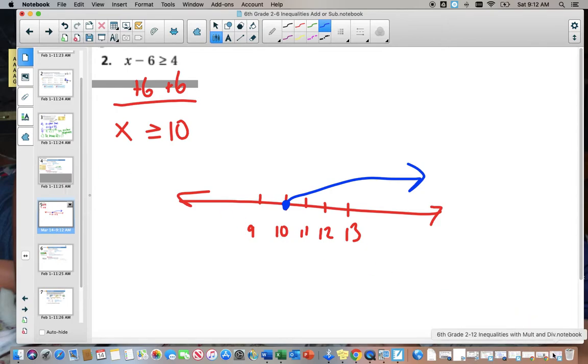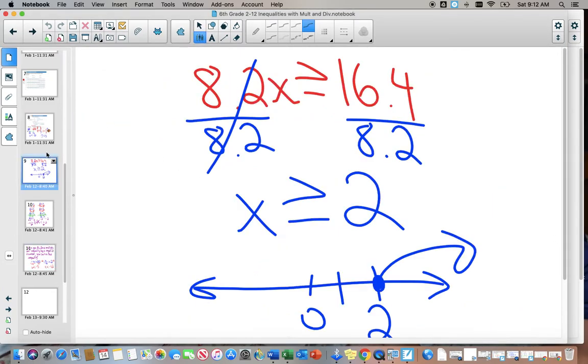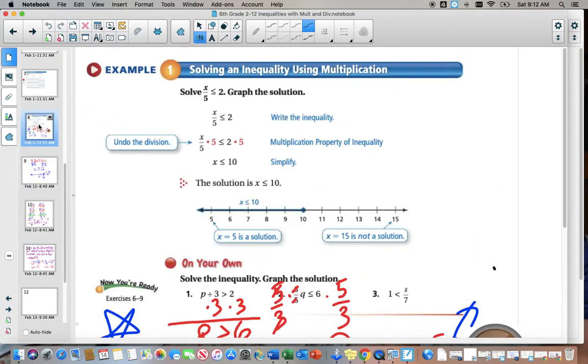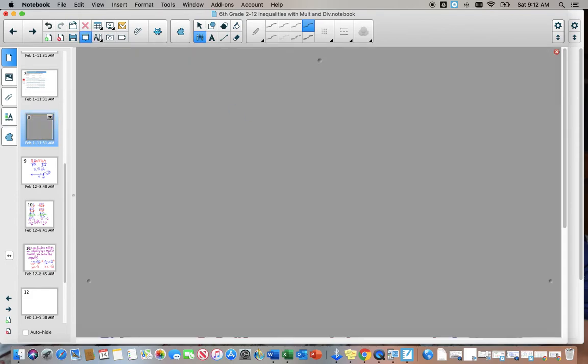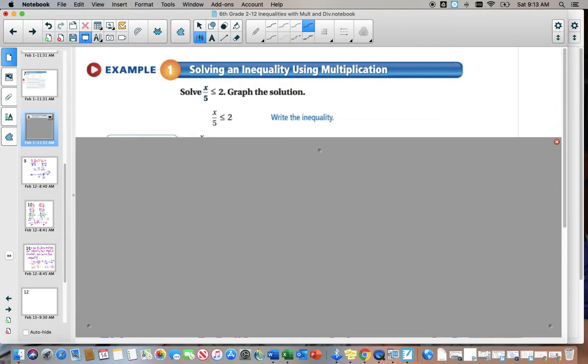Next we're going to talk about when we multiply or divide an inequality. Let's take an example on this page. So in this one, we have x divided by 5 is less than or equal to 2. To get x by itself, we want to multiply each side by, that's right, 5.